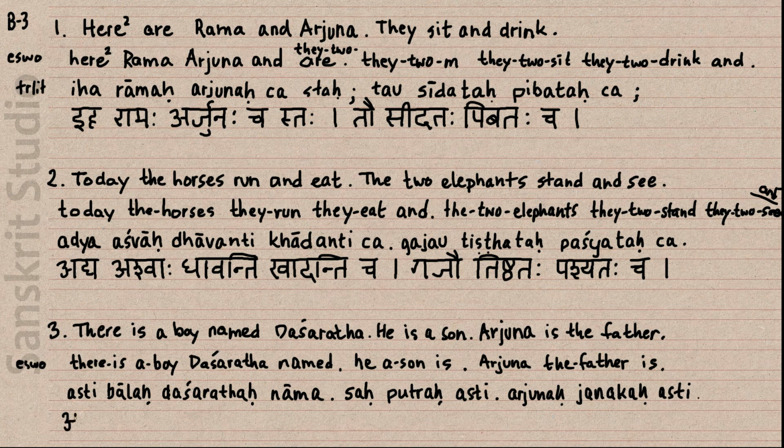So we just write this out. Asti, with a long a, balaha, and we have a normal dental da, sha, ra.